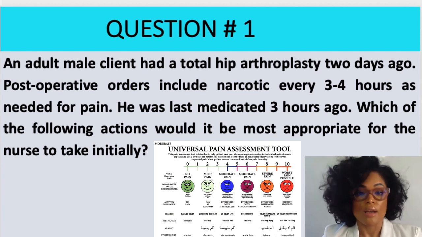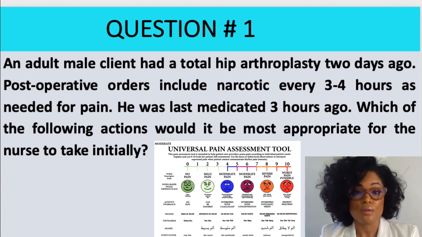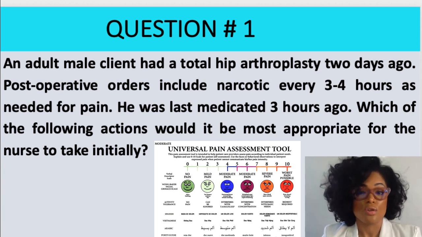Where is it hurting? This doesn't tell you that the patient complains of pain at the hip. It just tells you that he had a surgery 2 days ago, a total hip arthroplasty. His head may hurt. It doesn't mean that it necessarily hurts at the hip. So don't assume. You need to know the pain level, the site, and whether it radiates anywhere.